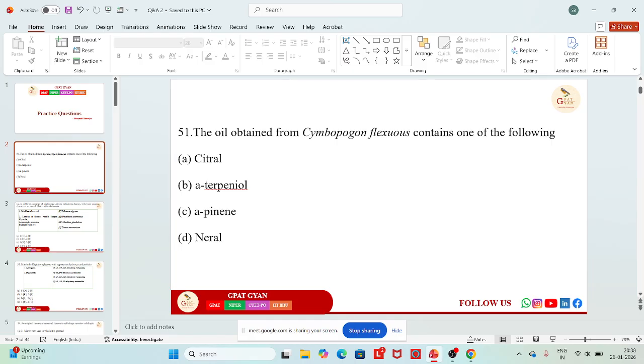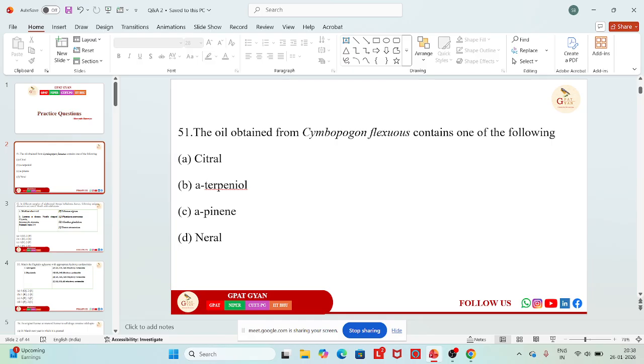Lemongrass. Lemon oil or citronella? Which one? Okay, so Cymbopogon is the genus, which refers to the lemongrass oil and the citronella oil. But the species is different for the two.